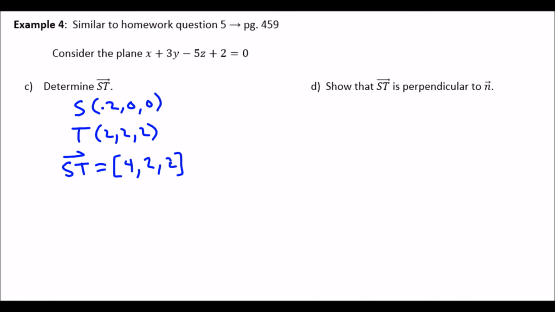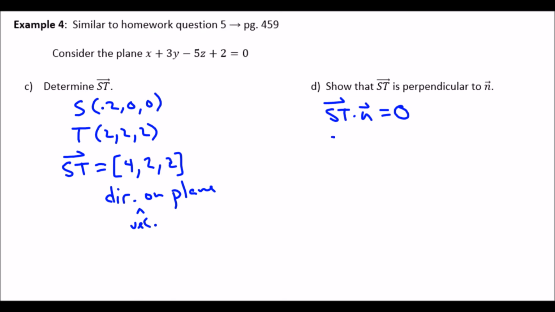Direction vector on plane. Now it should show that ST, because it's a direction vector on the plane, is parallel to my plane. It's perpendicular to the normal N. So I want to show that ST dotted with N is equal to 0.